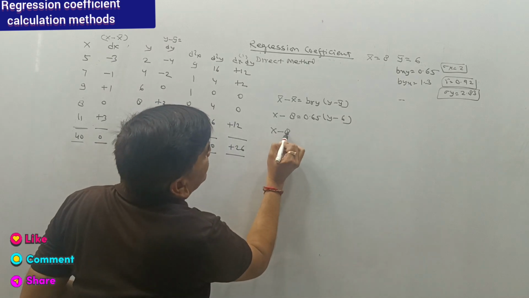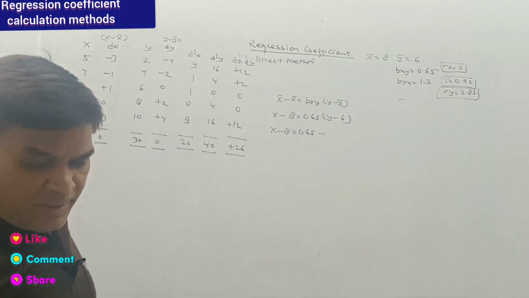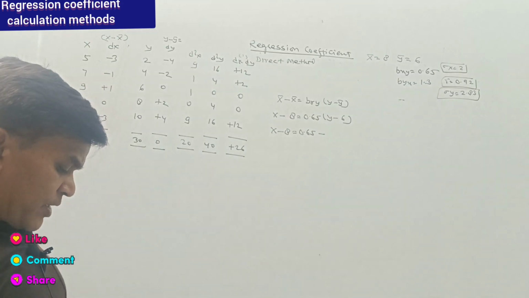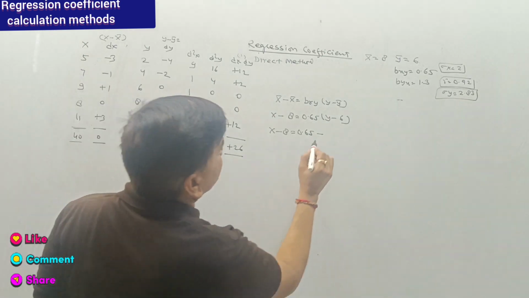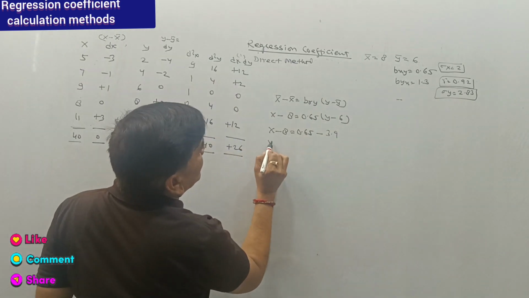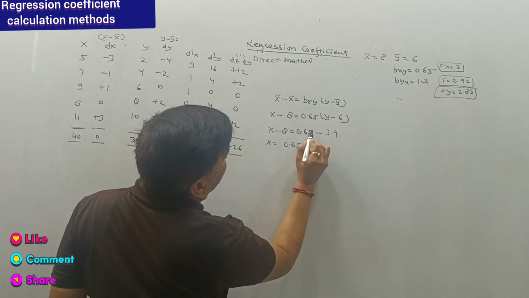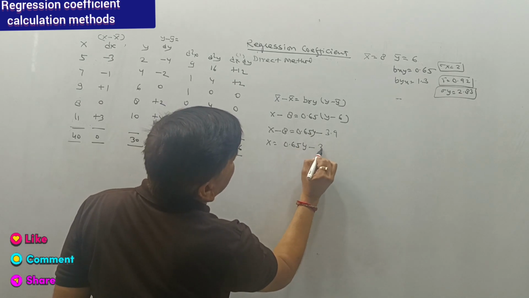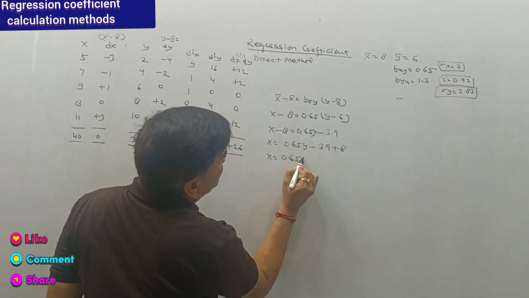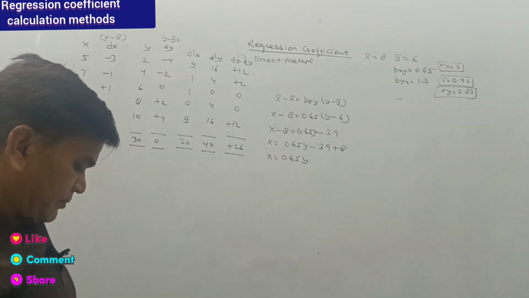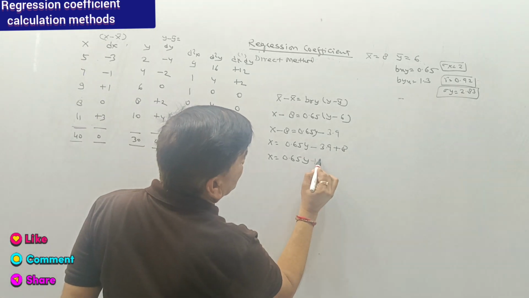So x minus 8 is 0.65 y minus 0.65 multiplied by 6, that is 3.9. So x is equal to 0.65 y minus 3.9 plus 8. So x is equal to 0.65 y plus 4.1.